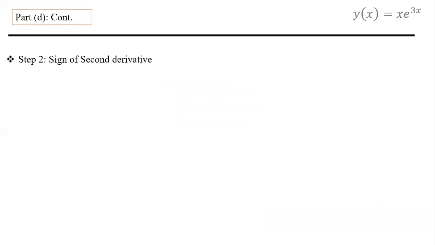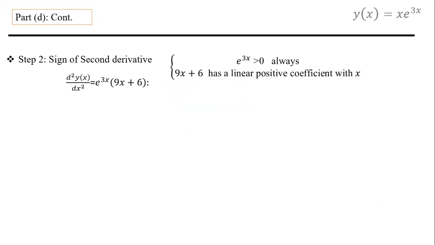Okay, now we need to check the sign of the second derivative. How to do this? We make a sign table like this. The second derivative is the multiplication of two expressions, e to the power of 3x and 9x plus 6. e to the power of 3x is always positive.